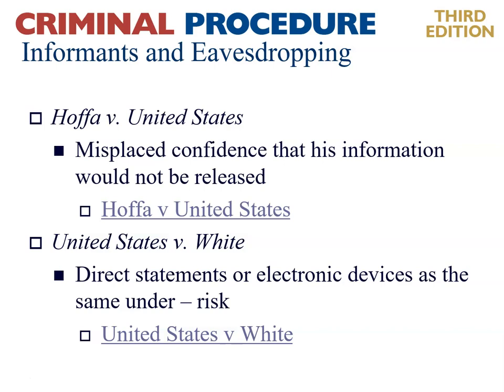Well, would it make a difference that an informant was wired with an electronic device that recorded the conversation? Remember, in that United States versus White case, the informant was wired with a radio transmitter that relayed the conversation to government agents.